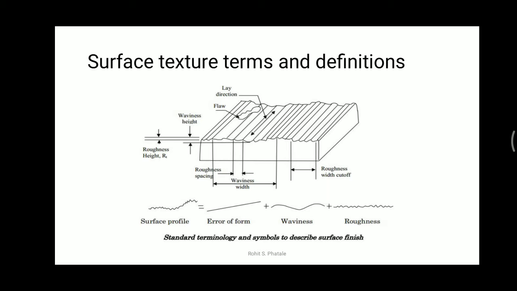The part has some waves on it, so the roughness of the part we must measure, and depending upon this roughness we can say if the part has the proper surface finish or a surface finish that we don't want.